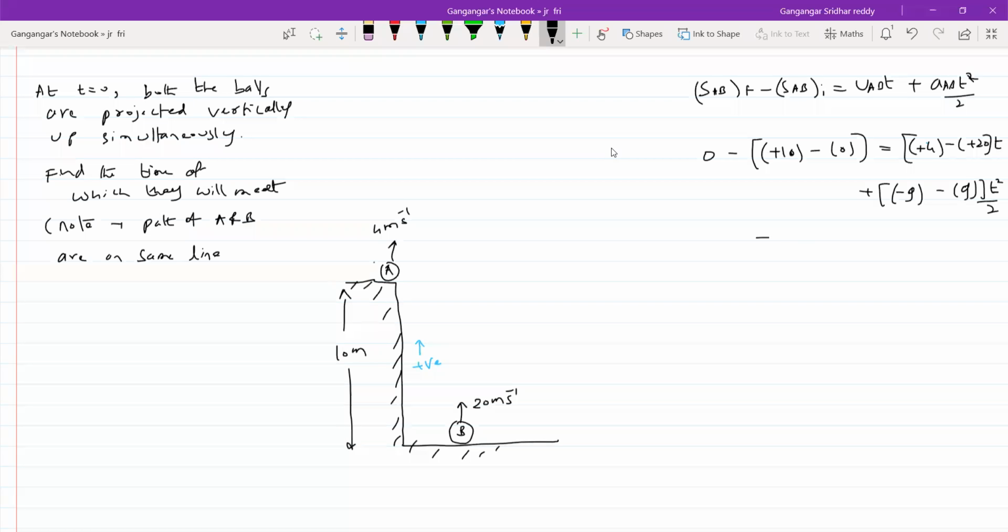So this will be minus 10 equal to 4 minus 16t. T equals 10 by 16, 5 by 8 seconds.